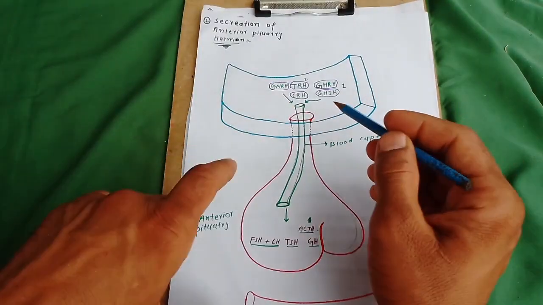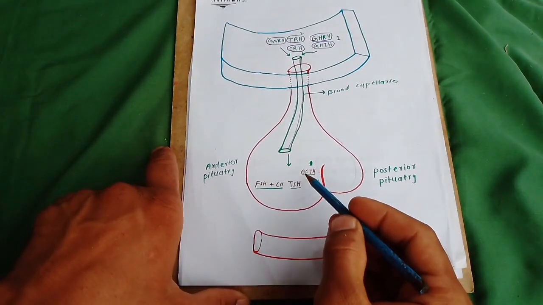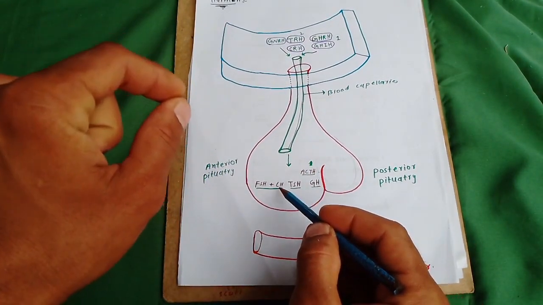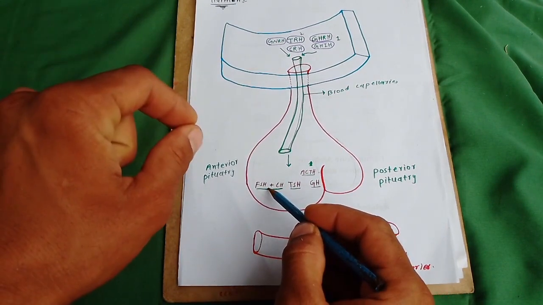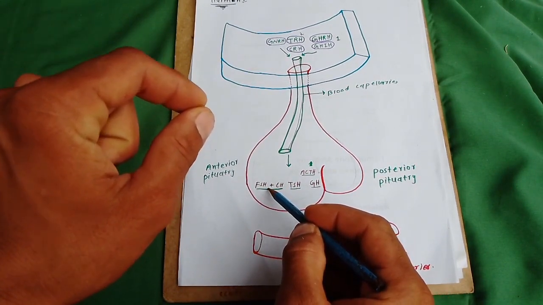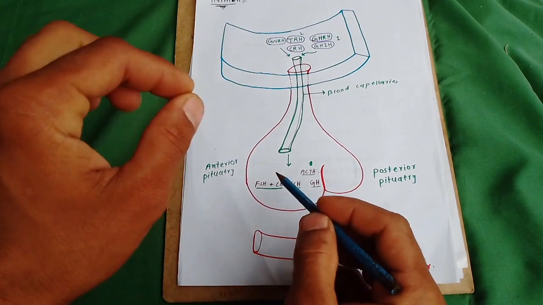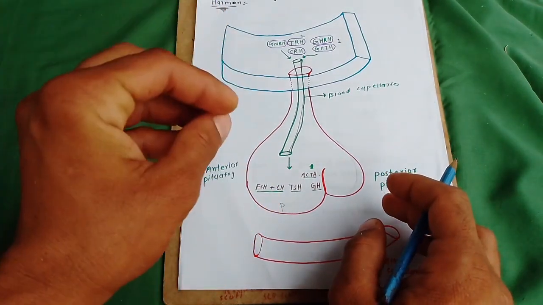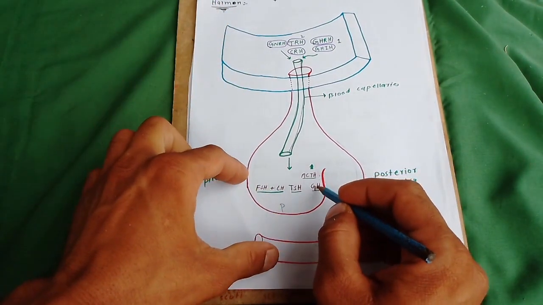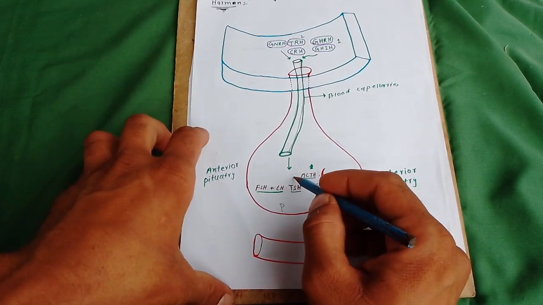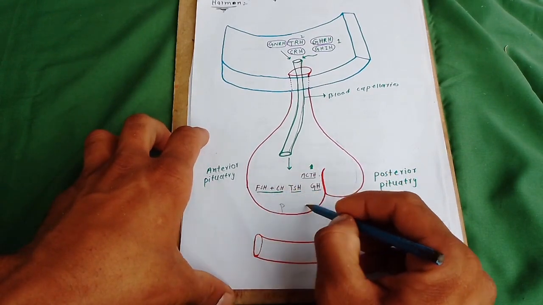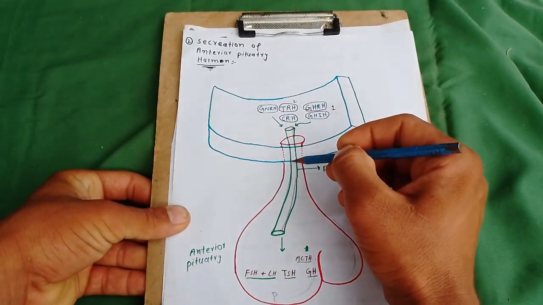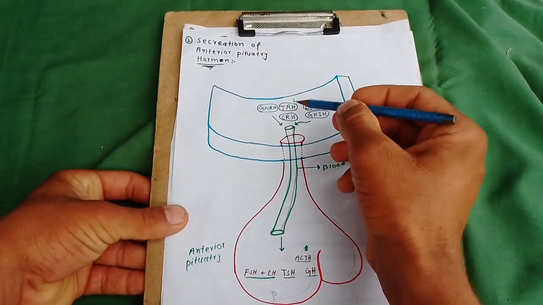But adrenocorticotropic hormone, growth hormone, thyroid stimulating hormone, luteinizing hormone, follicle stimulating hormone, and prolactin, these six hormones are produced by the anterior pituitary gland, and are released by some signal from the hypothalamus.